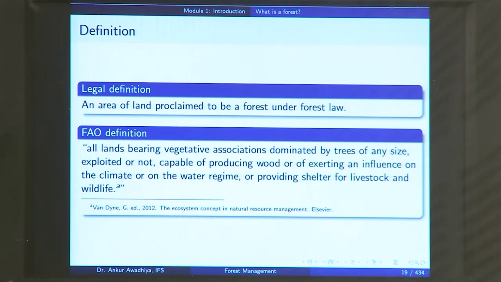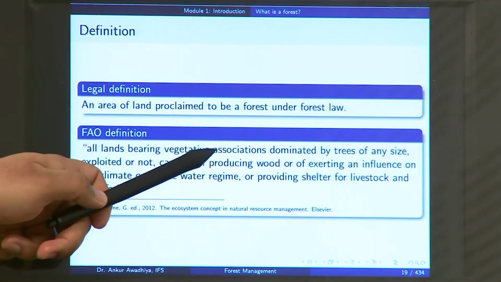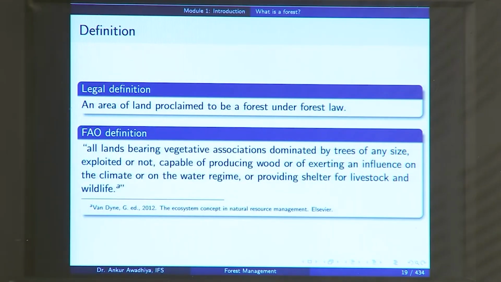This definition says all lands that are bearing vegetative associations dominated by trees of any size. So, the predominant vegetation is trees, and these trees can be of any size. We are not saying that these trees have to be very tall, or that they have to be scrubs, but these can be trees of any size, and whether they are exploited or not.